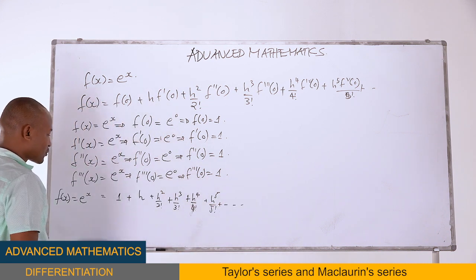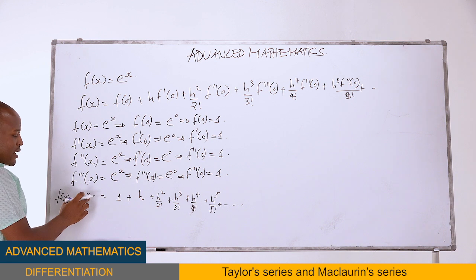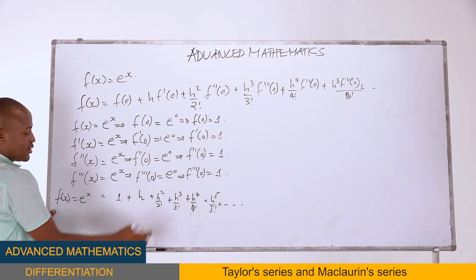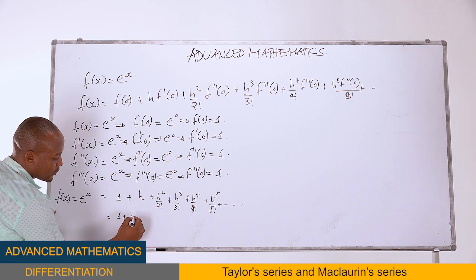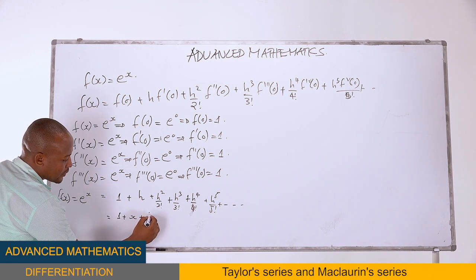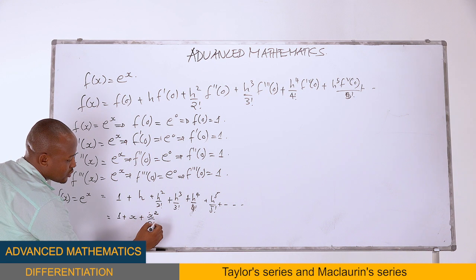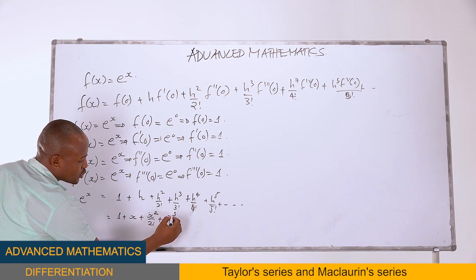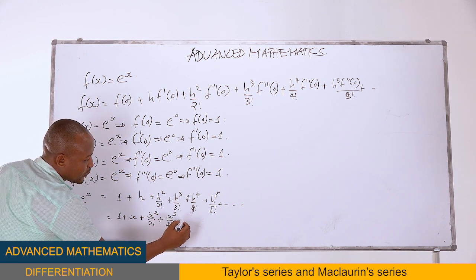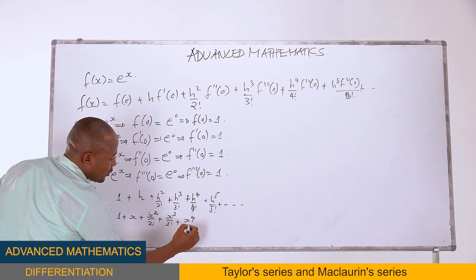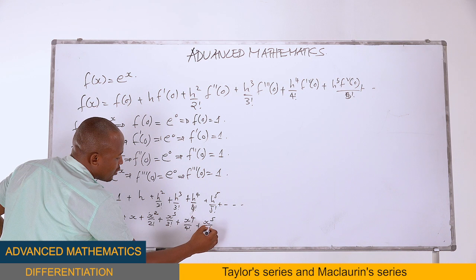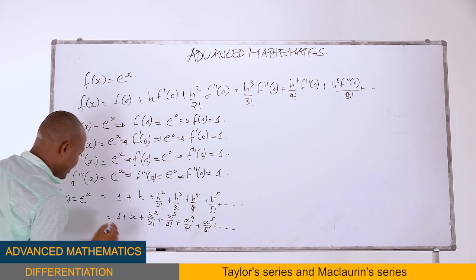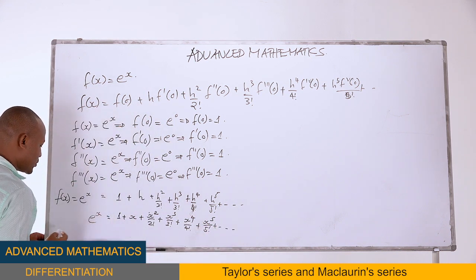But remember, our value there was x. That means our h equals x. That is to say, we have 1 plus x plus x square over 2 factorial plus x raised to 3 over 3 factorial plus x raised to 4 over 4 factorial plus x raised to 5 over 5 factorial, and so forth. This is e raised to x.